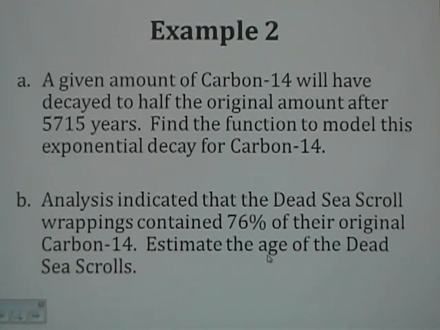That means it's only a portion of the original amount. We need to find out how much time it took to reach down to only 76% of the original. So take a moment to write down the problem, or you can always pause the video. Now I'm going to switch back to my document camera.